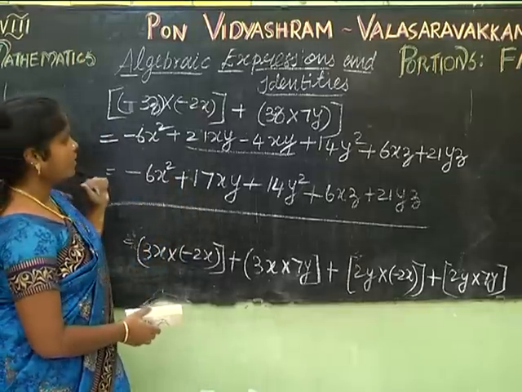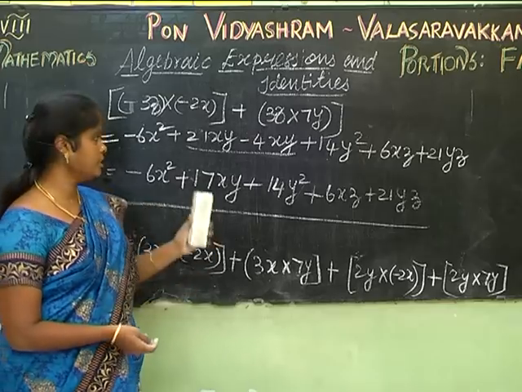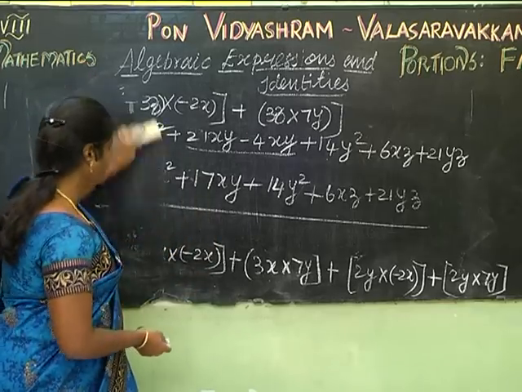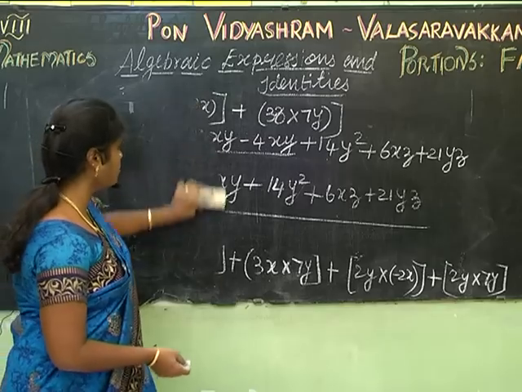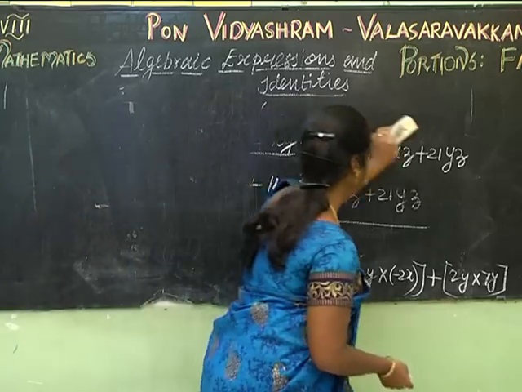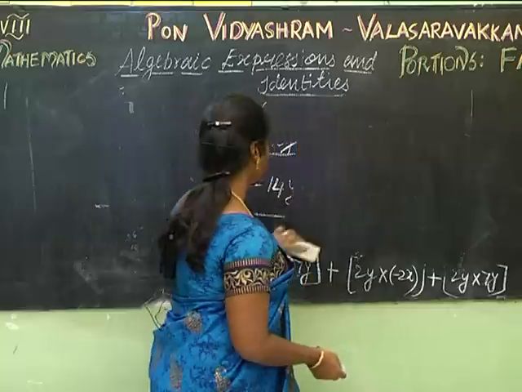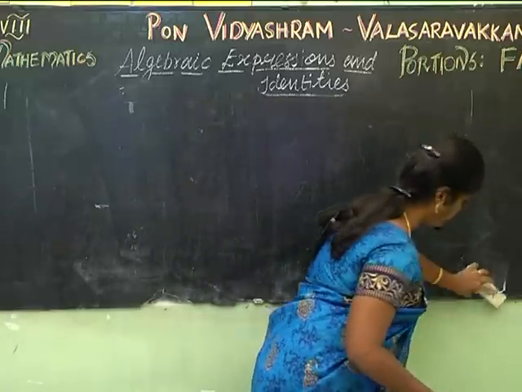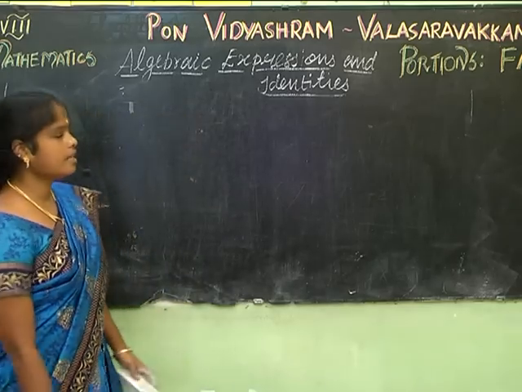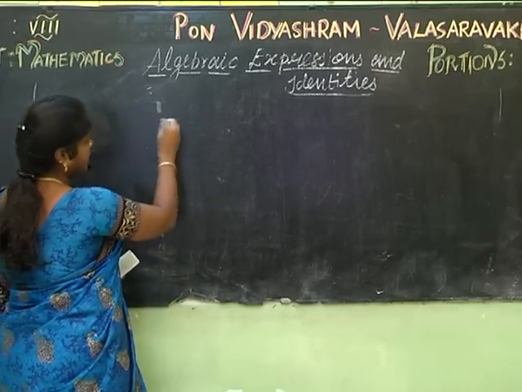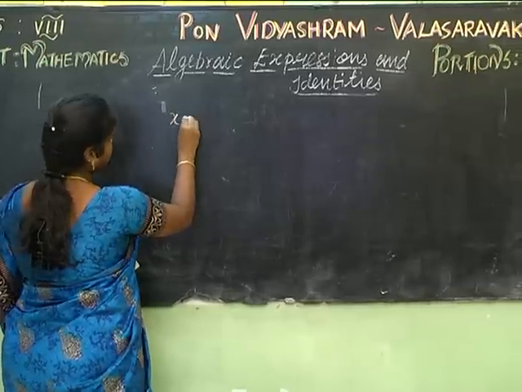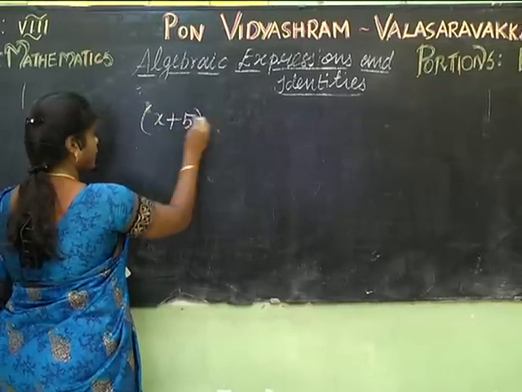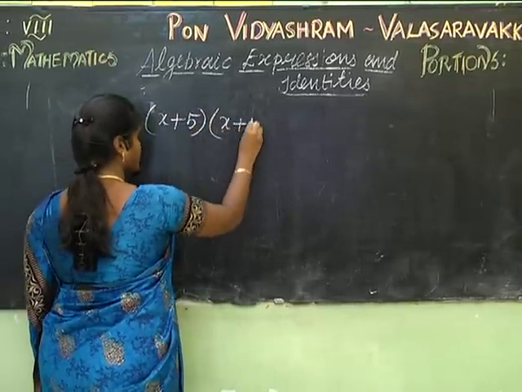Now we'll see an identity. We have finished addition, subtraction, and multiplication of polynomials. Now we are going to see identity. What do you mean by identity? See, consider the equality, for example, x plus 5 into x plus 5.